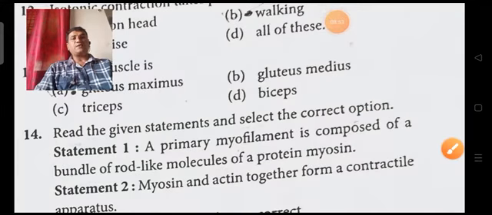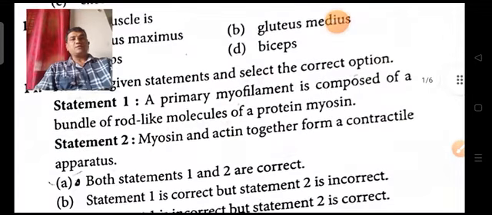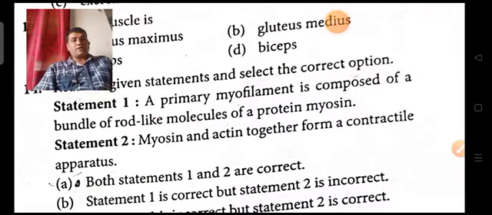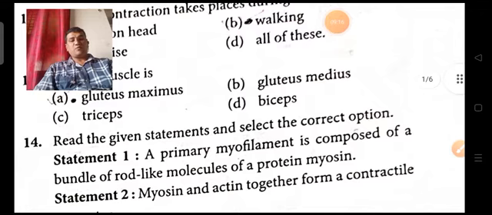A primary myofilament is composed of a bundle of rod-like molecules of the protein myosin. Myosin and actin together form a contractile apparatus. So here, are both the statements right or not?